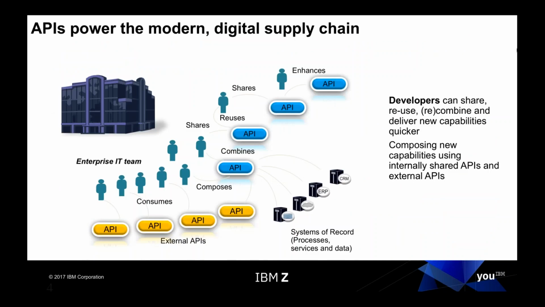All this allows us to work in this new API economy. This new API economy basically says, I need to expose my business value as a set of APIs that allows developers and others to bring those services together to deliver new business value.